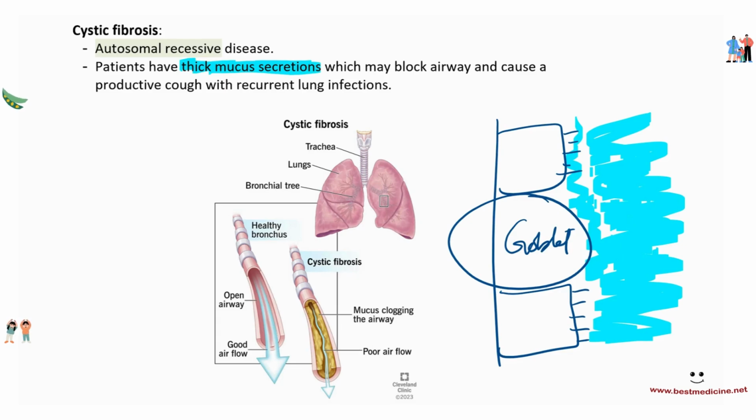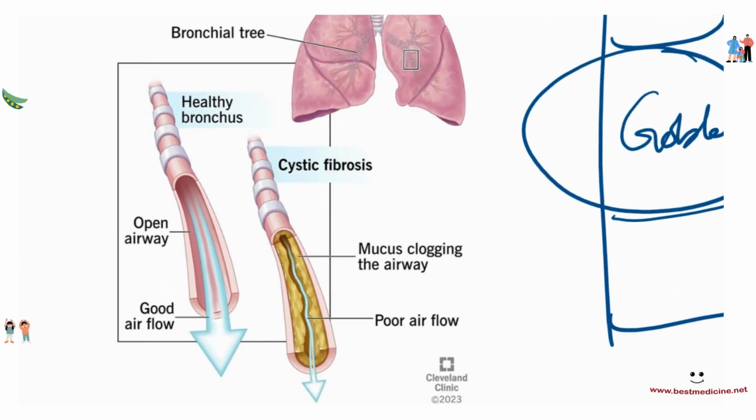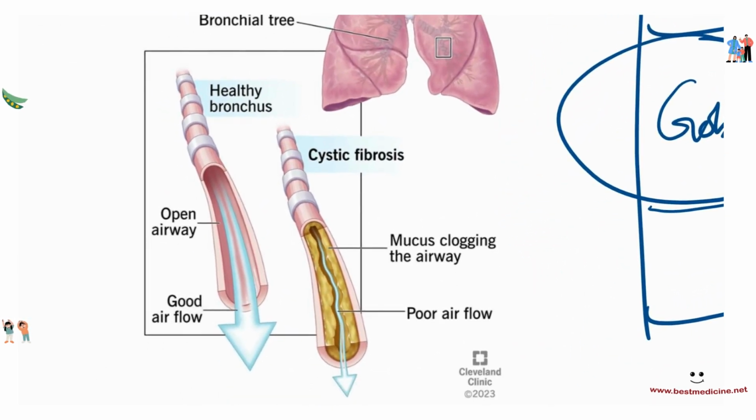So here's a comparison of a healthy bronchus and a bronchus of a person with cystic fibrosis. The healthy bronchus is very clear, very open. There's nothing in it. Very good airflow.